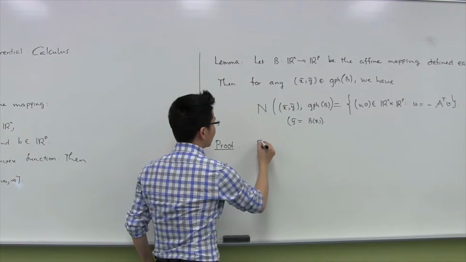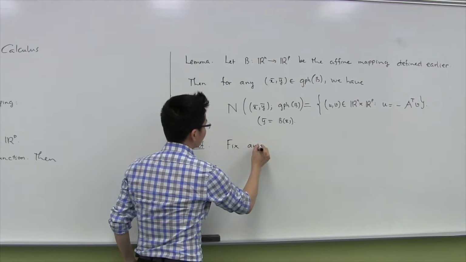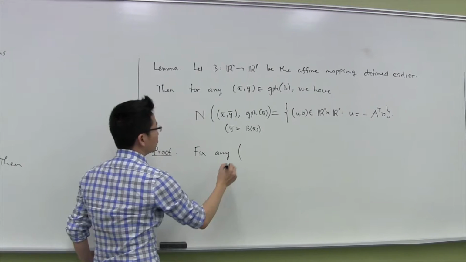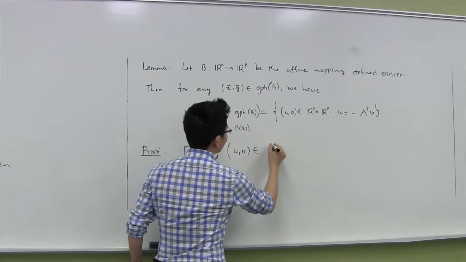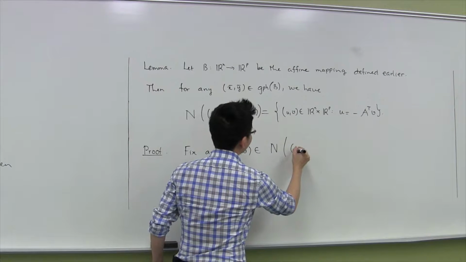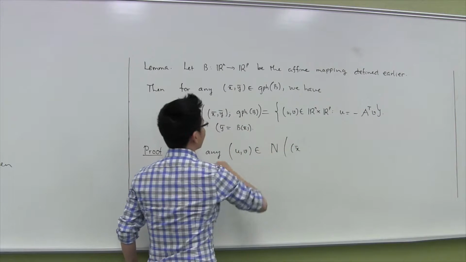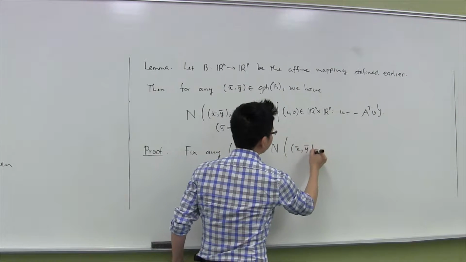So fix any (u, v) in the normal cone to the graph of B at x bar, y bar.